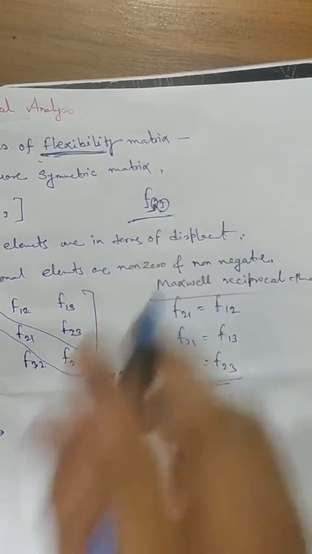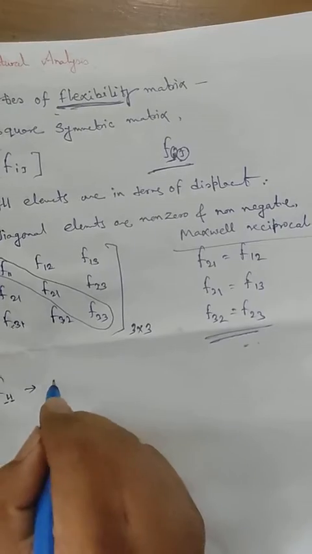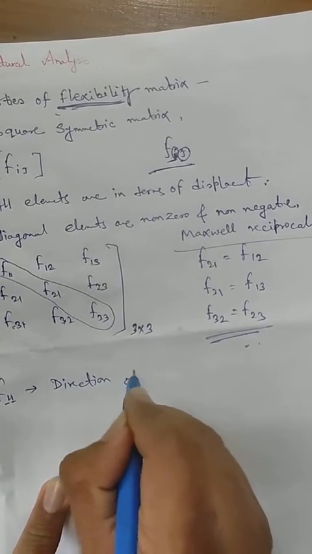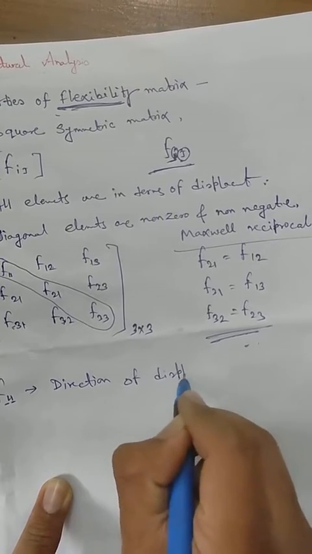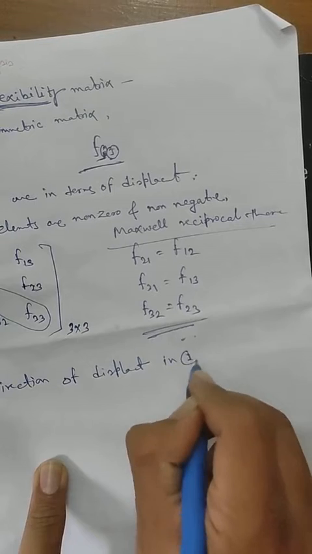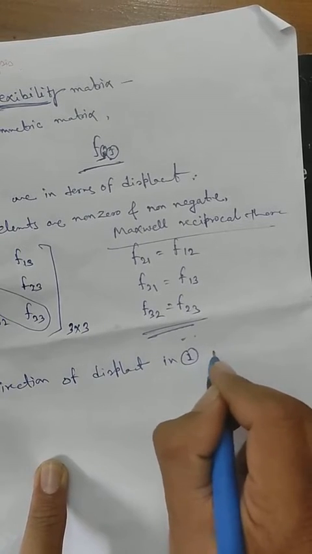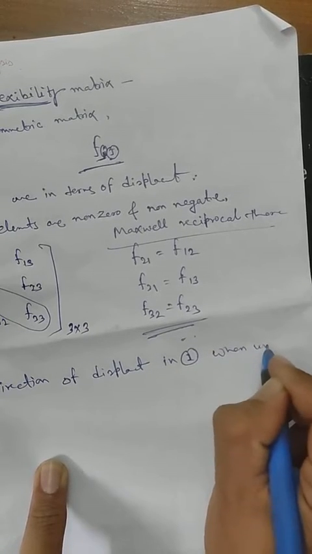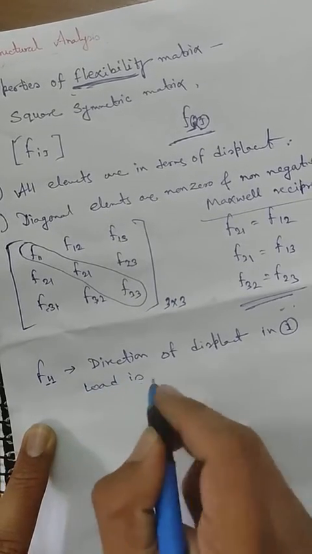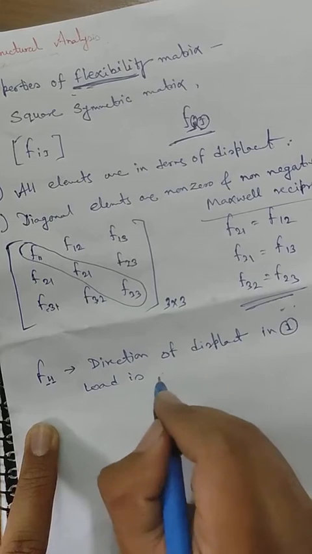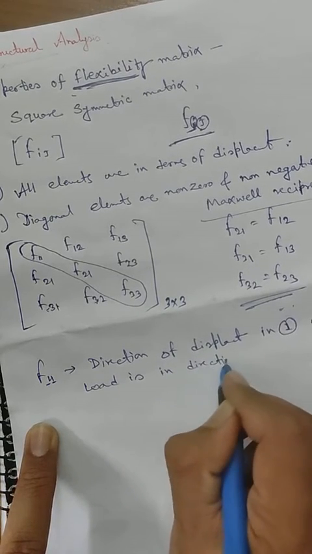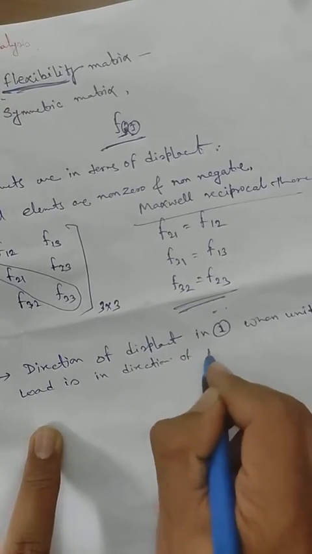So F11 is the displacement in direction 1 when the unit load is also in direction 1 only.